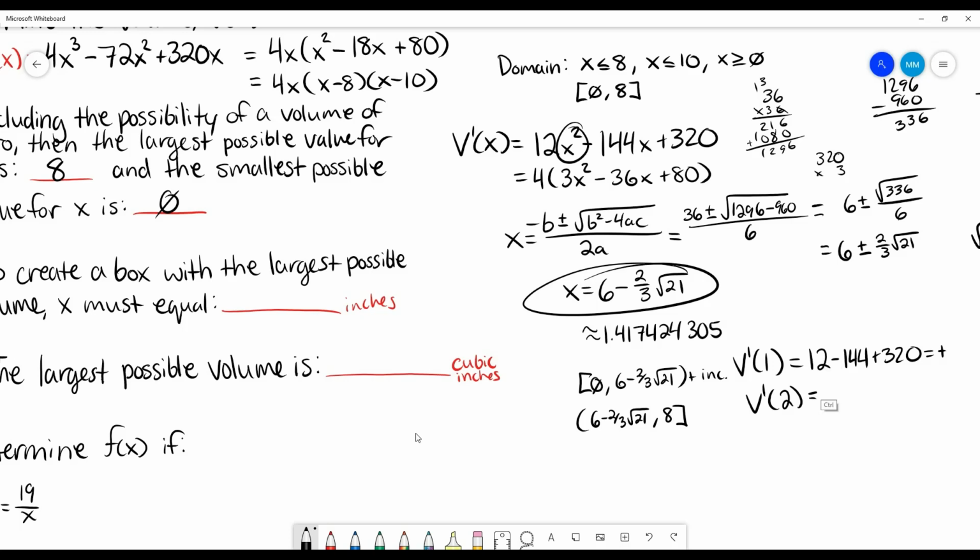Nice, easy to work with. 2 squared is 4, so it's 48 minus 288 plus 320. Still outweighs it. Nope. No, it doesn't. Yes, it does. What? How does that work? Hold on.